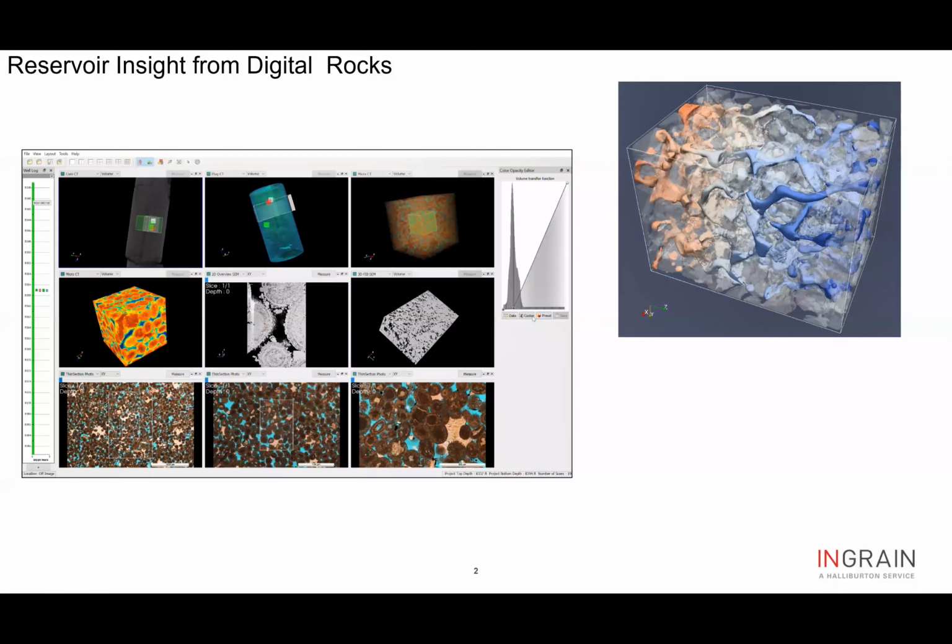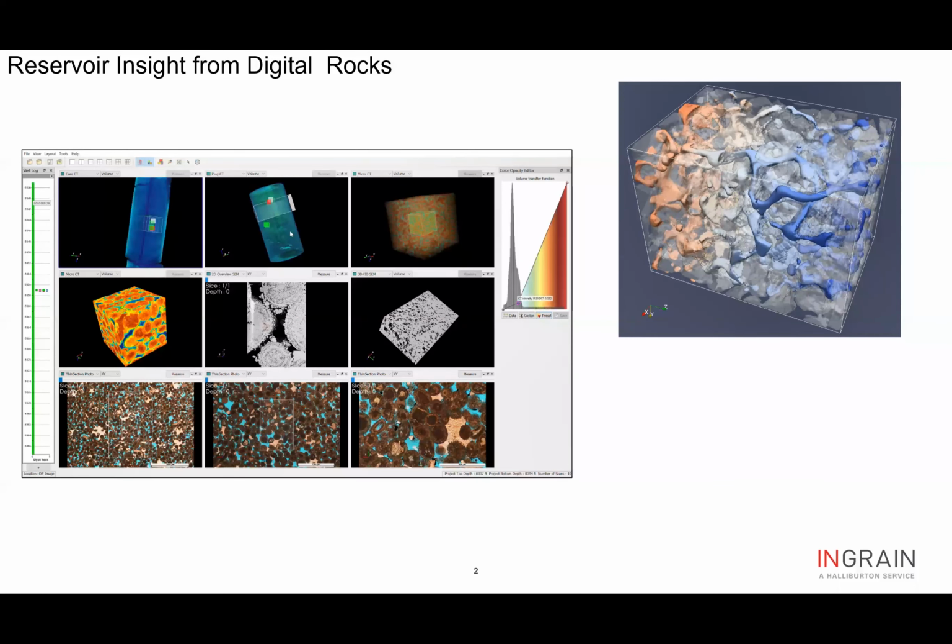That gives you an immense opportunity to play around and run whatever sensitivities you want. A reservoir engineer can pass different fluids through the connected pores and see how these fluids behave at different saturations, running all these simulations.